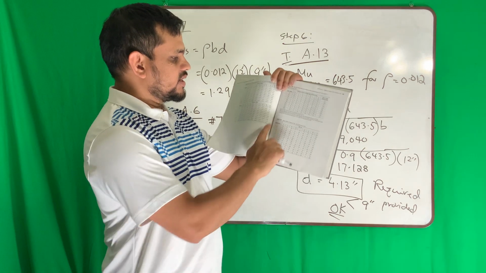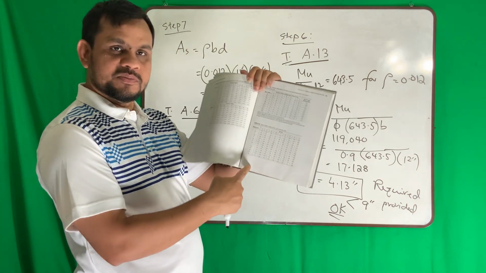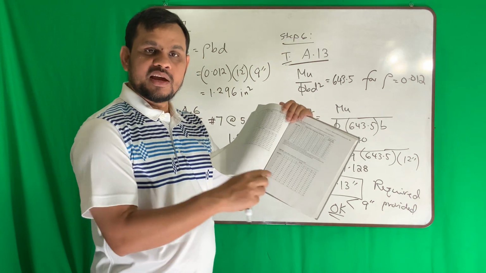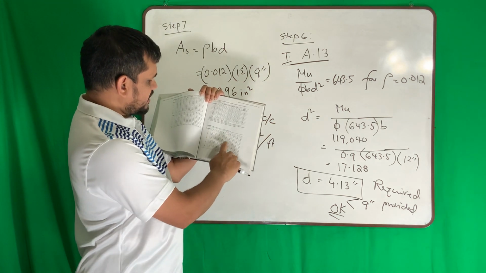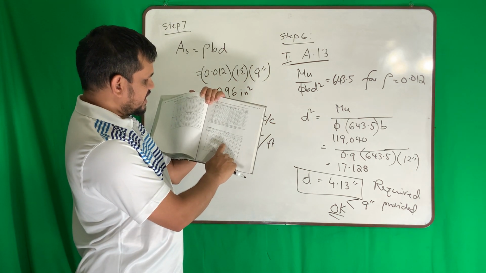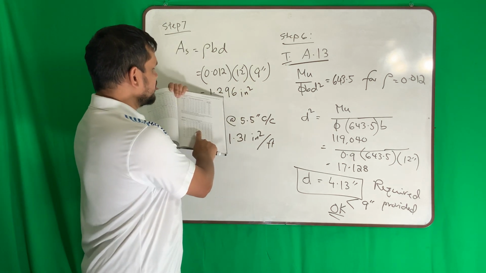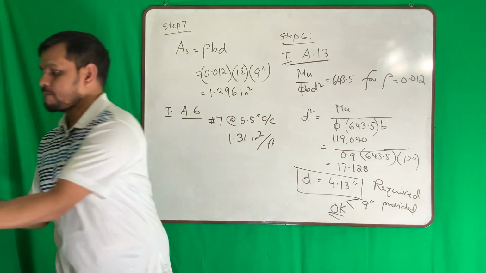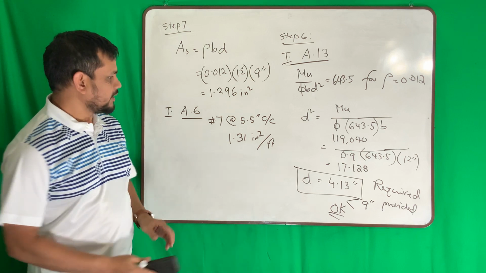Hopefully you understood. If you go to table A6, this way bar number, this way spacing, and this table will give you the amount of reinforcement you are providing. So if I use bar number 7, 5.5 inch center to center, it is 1.31, versus 1.296 required, very close. So design is perfect. Okay, so main reinforcement is done.